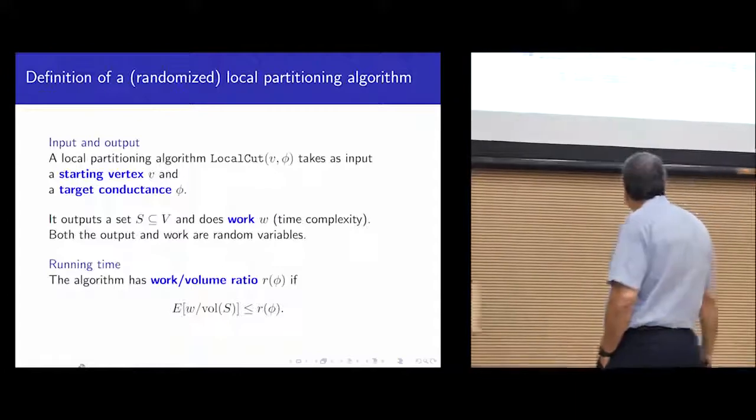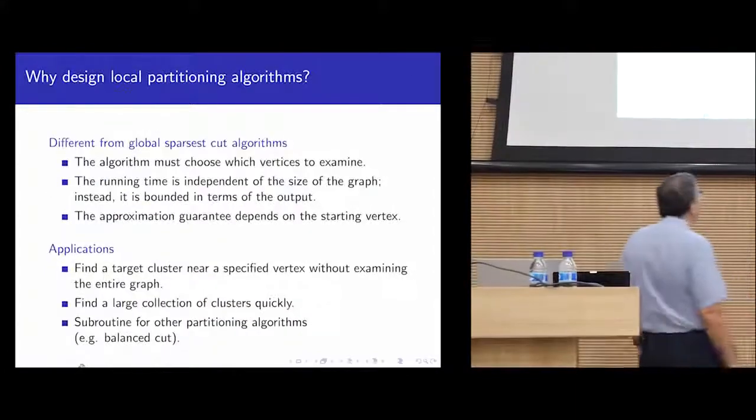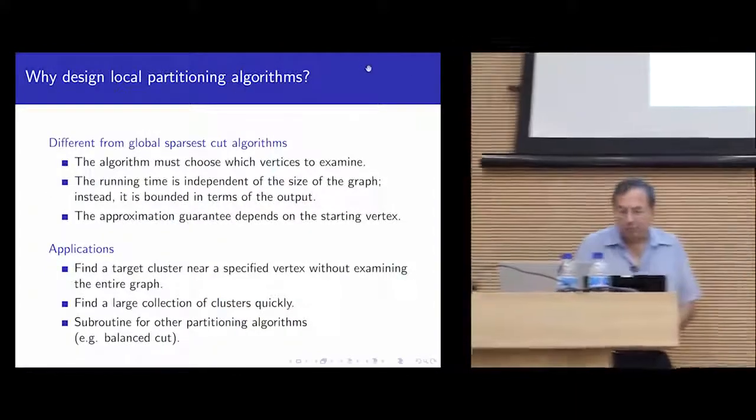It's also used as a subroutine for other partitioning algorithms. So I won't go much more into the theory, but instead just show you how the evolving set algorithm works for this problem. So let me go to that slide.